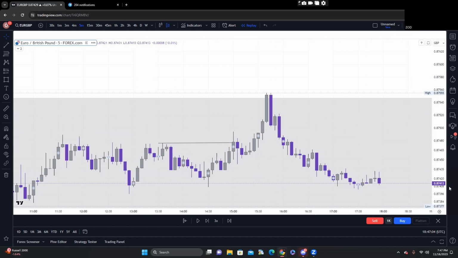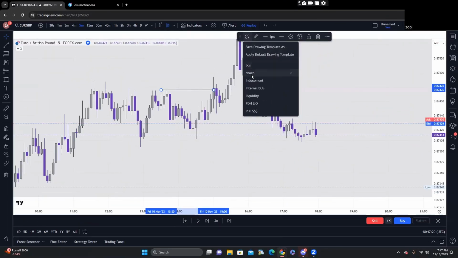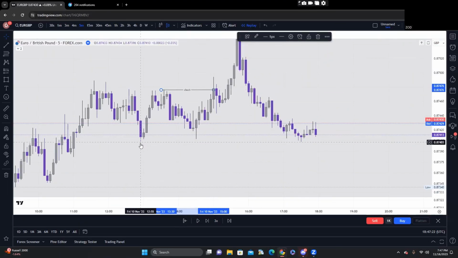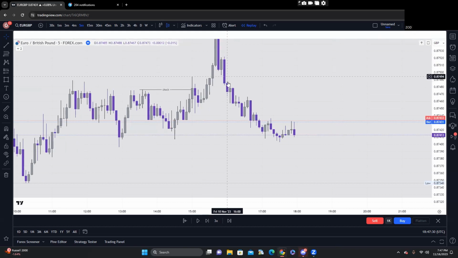And what happened? What do we now see here? All right, since we had this low and then it was taken out here, so what do we now see? We see that price went all the way up here. It came back down and took out this low right here.